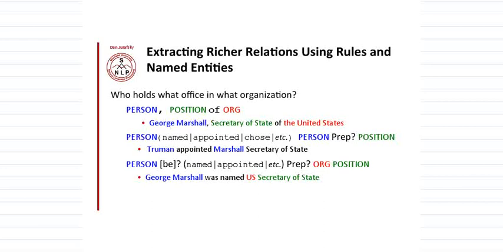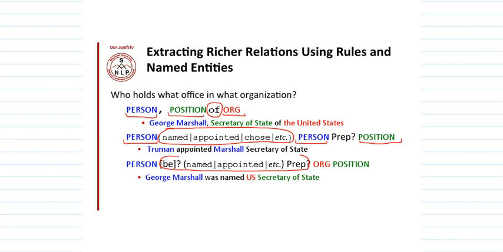Here these are the named entities, and this is also a named entity, and there is some kind of relationship present here. This is a relation. Depending upon the type of text we are using, we can derive several kinds of relations.